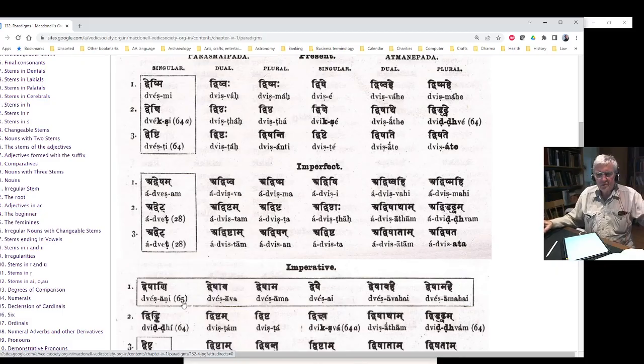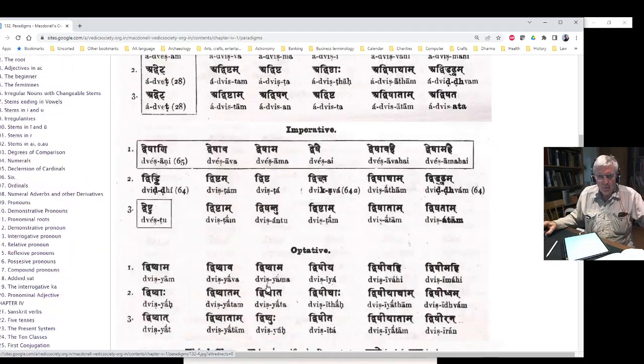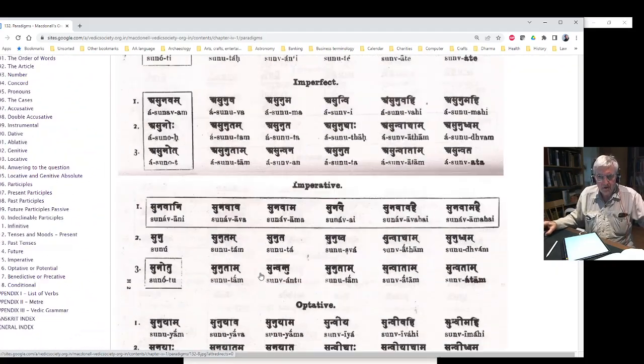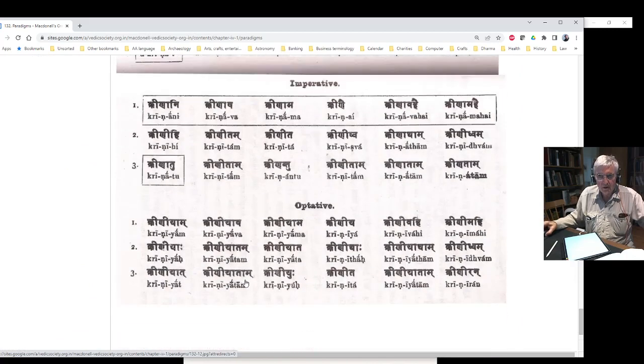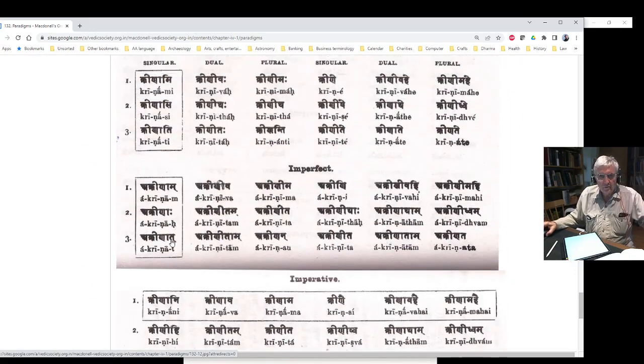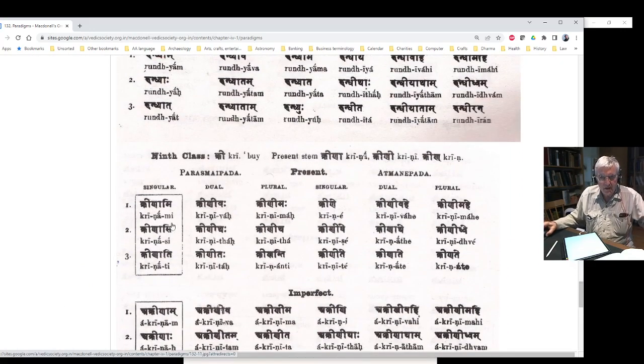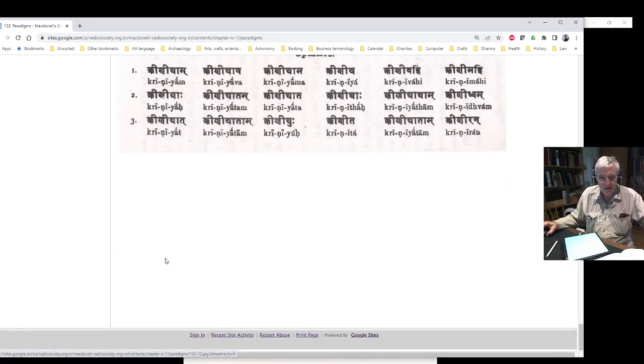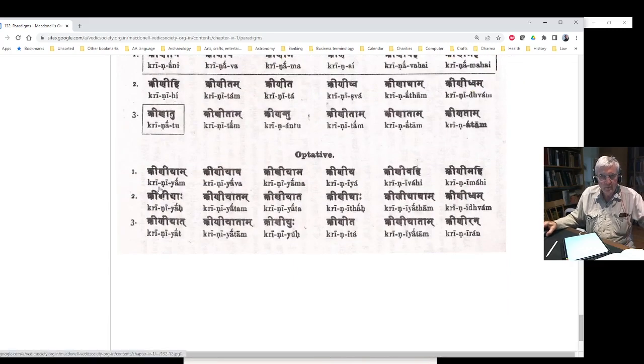Let us now see what happens in a ninth class. Here we are, krīṇīyāt. So, krīṇāmi, krīṇāsi, krīṇāti. It would be jānīyām, krīṇīyām.